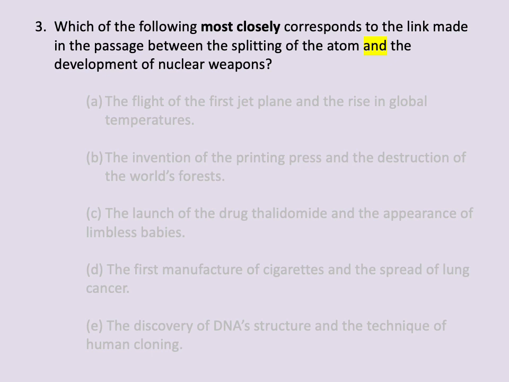And we might notice that the two noun phrases in the question, and those in the options, are joined by a conjunction. Here it's "and". The noun phrases are the splitting of the atom and the development of nuclear weapons. Now this is common for questions of this type, but also common are two compound clauses that use the structure if, then, why.